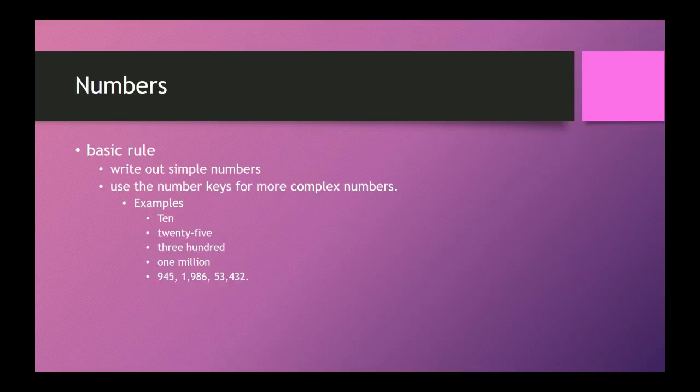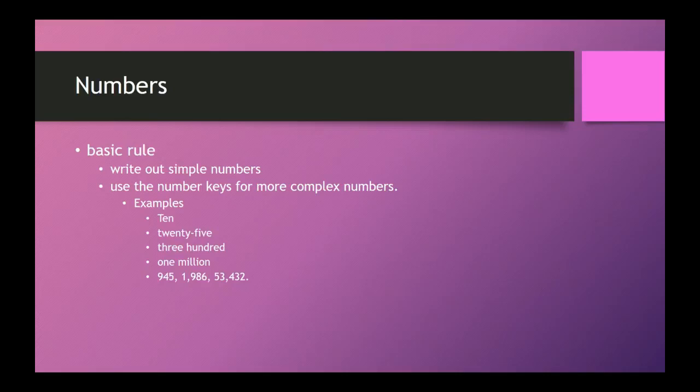You also need to assess whether or not you need that level of specificity. For example, 945 is almost 1,000. 1986 is almost 2,000. Approximately 2,000. 53,434 is more than 53,000. More than 50,000.